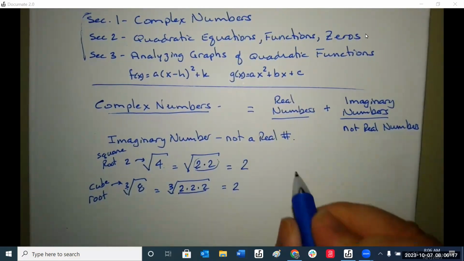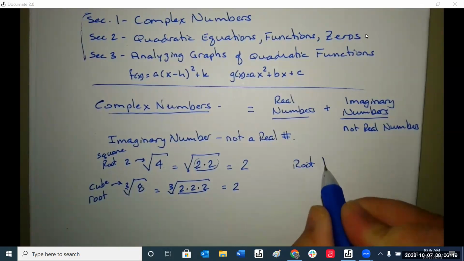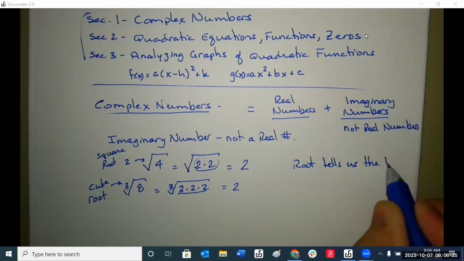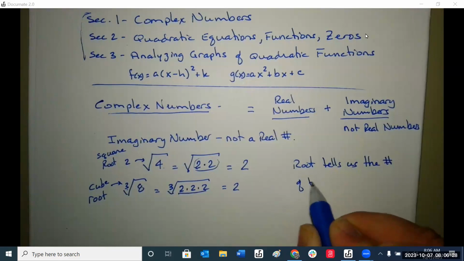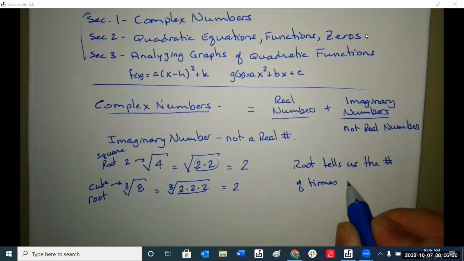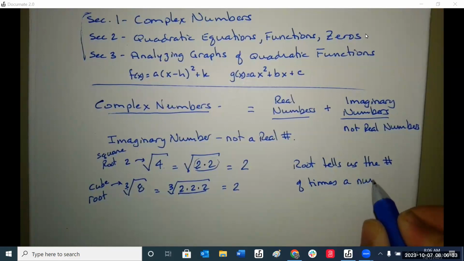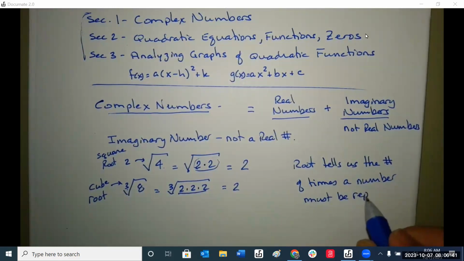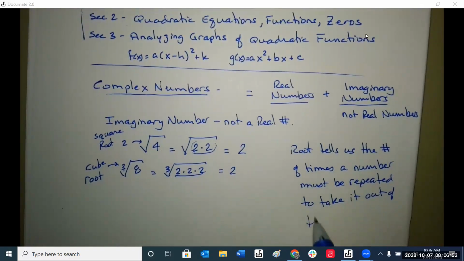All right, so the root tells us the number of times a number must be repeated to take it out of the radical.